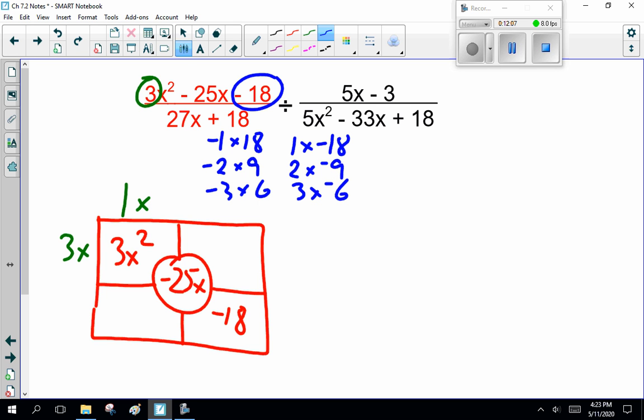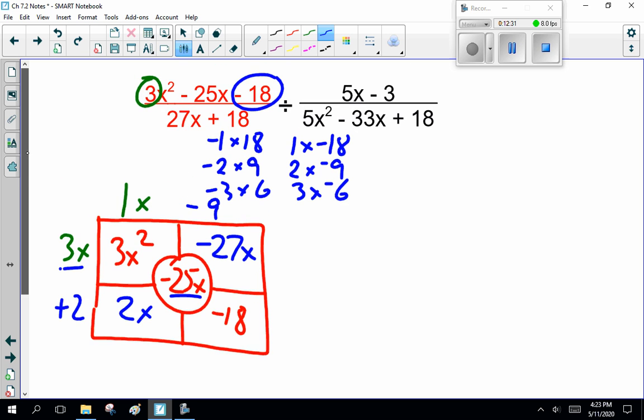Okay, so just doing this in my head, I'm getting minus 25, and I'm multiplying something by 3. So 3 times 9 is 27. So if I go minus 9, minus 27x, and that's plus 2, so that's 2x. Yes, that's how it goes.